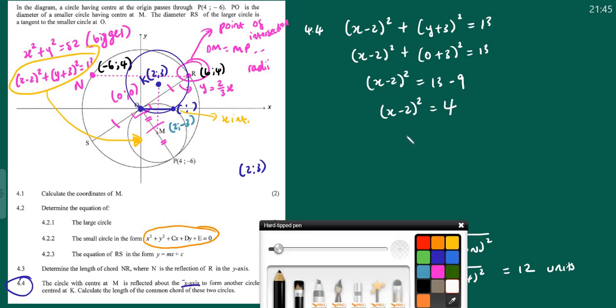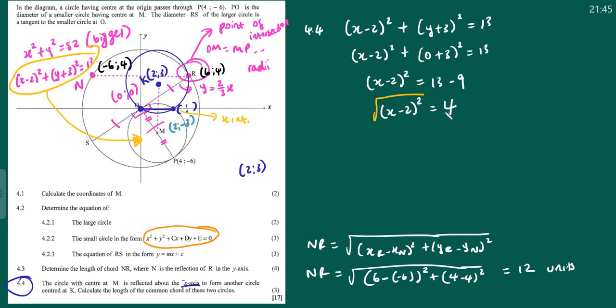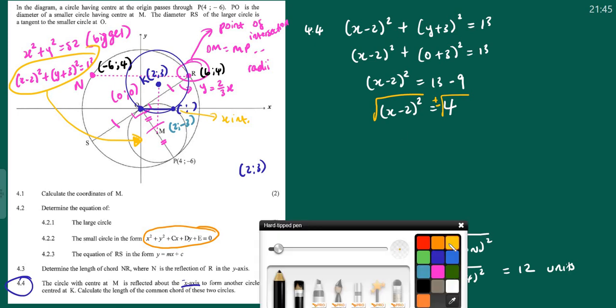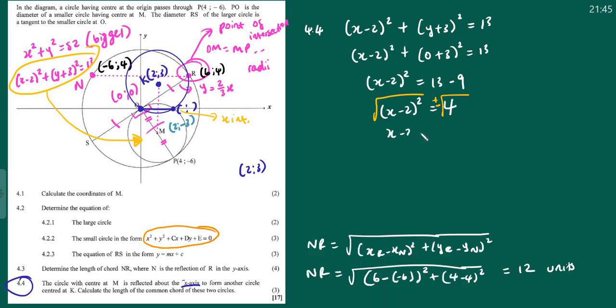Then you root both sides. You take the square root. This will be plus or minus, isn't it? So x minus 2 is going to be equal to plus or minus the root of 4. That means x minus 2 will be equal to plus or minus 2. So x minus 2 is equal to positive 2, or x minus 2 is equal to negative 2.